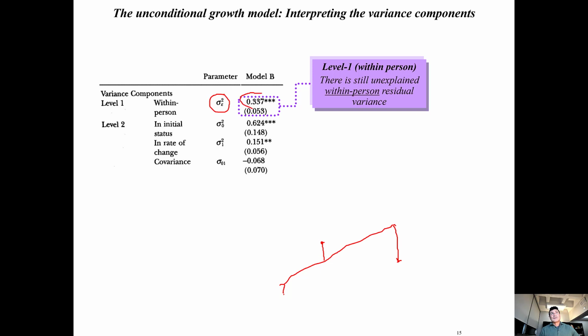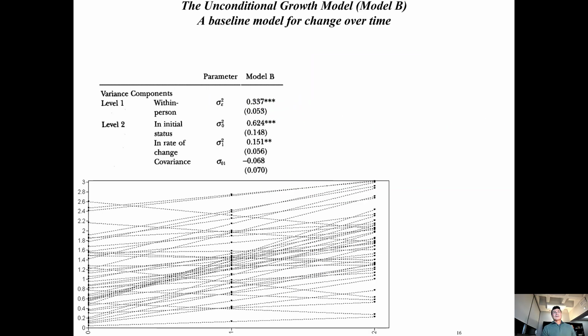Before, this number was 0.522, and we've got it down to 0.337, so having that linear growth is better than having no growth at all, but we're still not fitting each individual as well. We can still explain more of this. Probably if we went to some sort of nonlinear model or something else, we could fit this data even better.